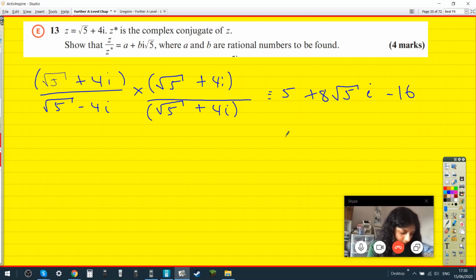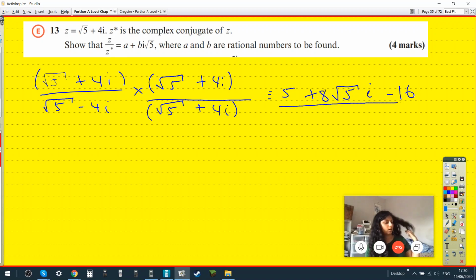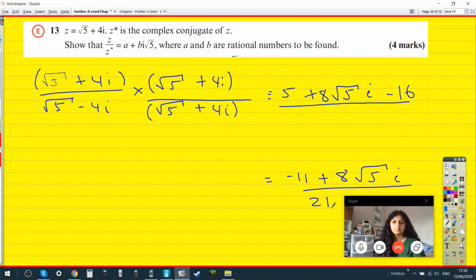And then I haven't done the bottom, but it's 20 minus 5 minus 16. It's 21 on the bottom. Is that right? 21. And in their form?